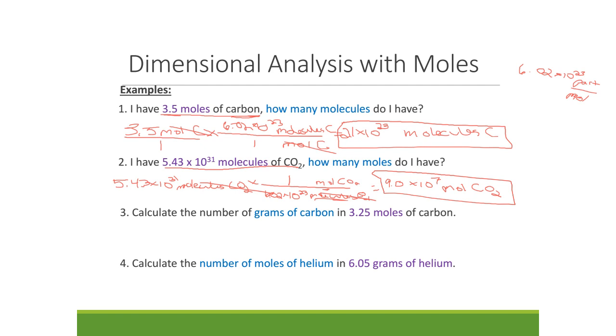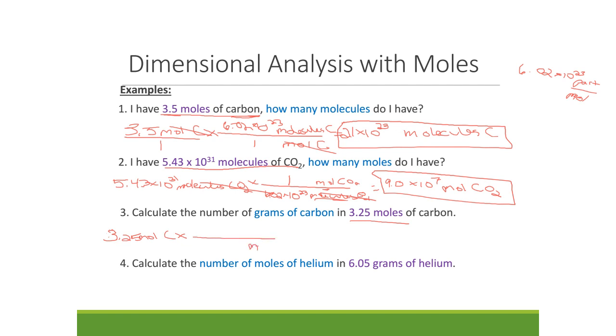Example number 3. This time it's worded a little bit differently, but I've kept the purple color here to show us our given information. We're starting with 3.25 moles of carbon, and we're going to convert that into grams of carbon.